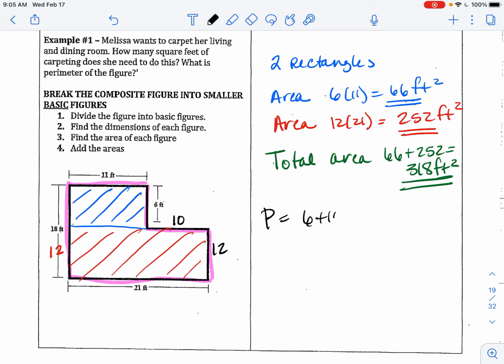So 6 plus 10 plus 12 plus 21 plus 18 plus 11 plus 6. Let's go to our calculator. And I'm getting a perimeter of, let me just double check.